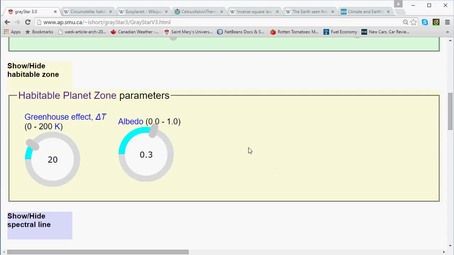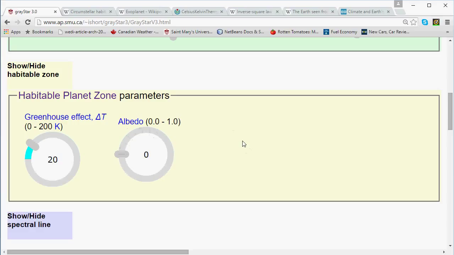Now, if we wanted to express the fraction of a planet's surface that's covered by dark colored areas that very effectively absorb flux and are effectively heated, that fraction would be 1 minus the albedo. To get a little practice with this, if we had a planet whose albedo had a value of 0, that would be a planet whose surface is totally dark everywhere.